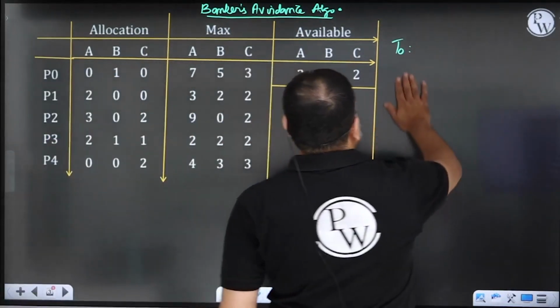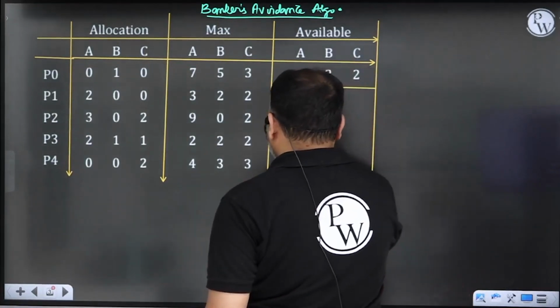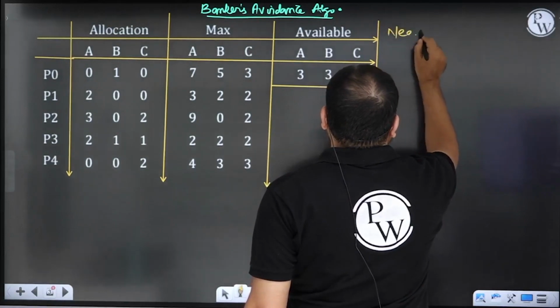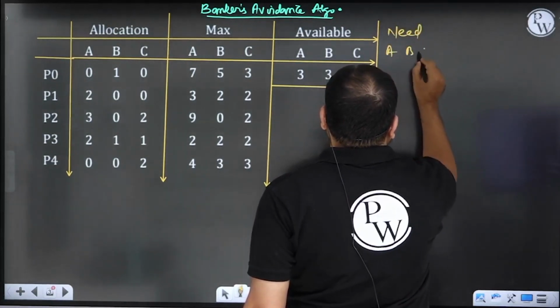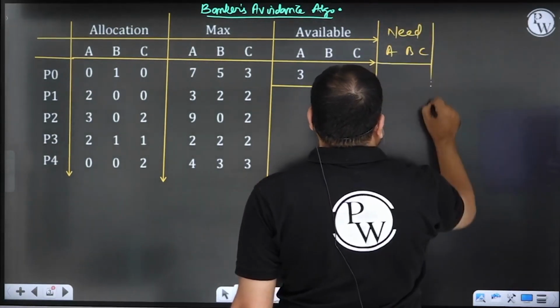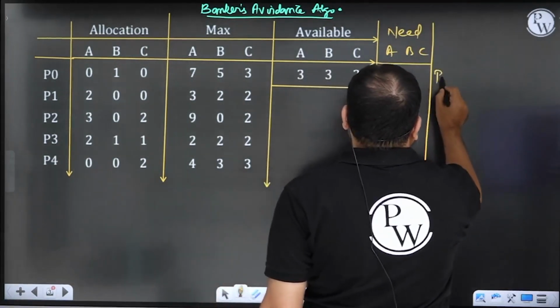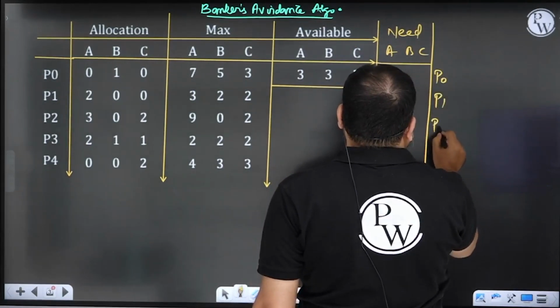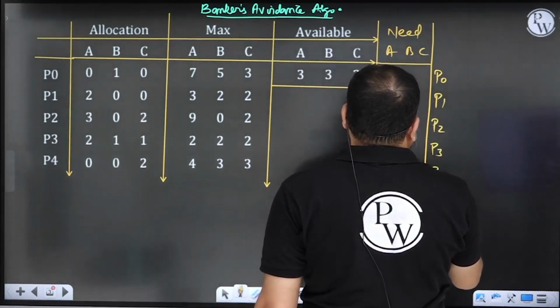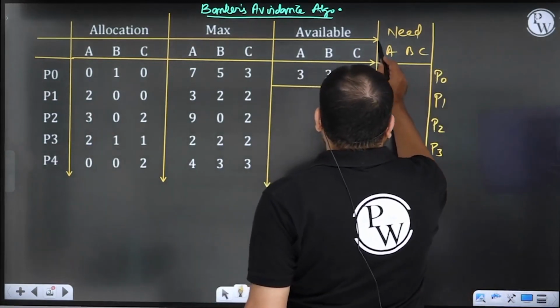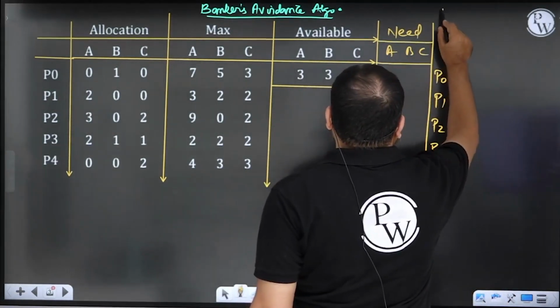First of all, what do we need to do? We need to find the values of need of ABC for all the processes. Here this is process P0, P1, P2, P3, P4. The value of need, as I told in my last class, is nothing but max minus allocation.